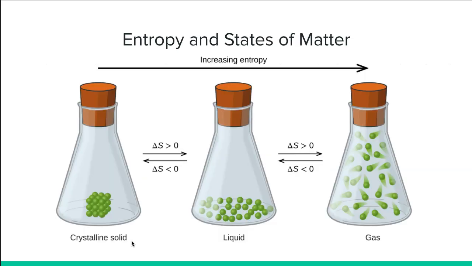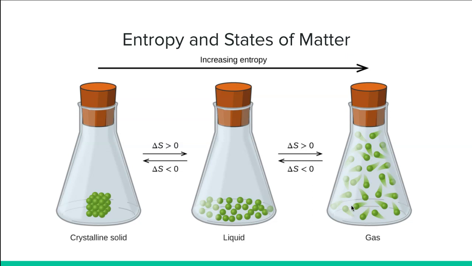Okay, so entropy in the states of matter, you should probably have a pretty good grasp of this by now. Your crystalline solid moving to your liquid, we would expect that to be an increase in entropy, and we see that over the arrow, that delta S becomes greater than 0 in a case moving forward like that, right? And then as we move forward from a liquid to a gas, we expect that the change in entropy from liquid to gas is positive.